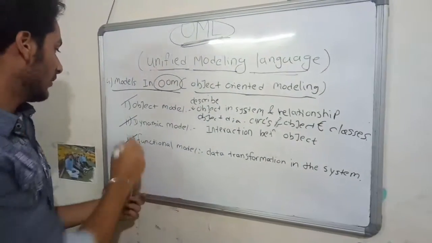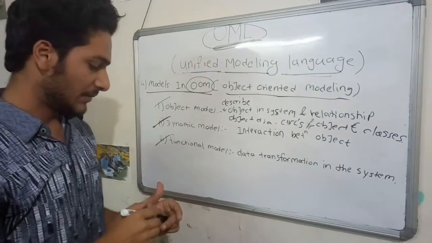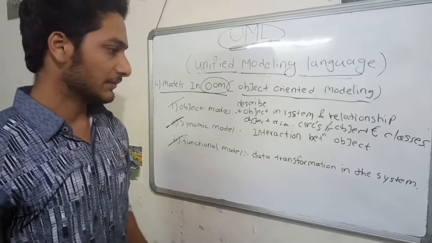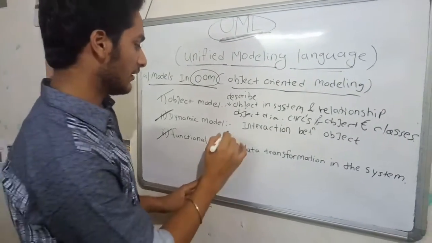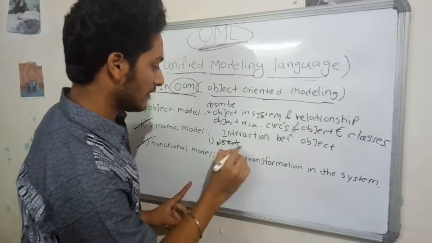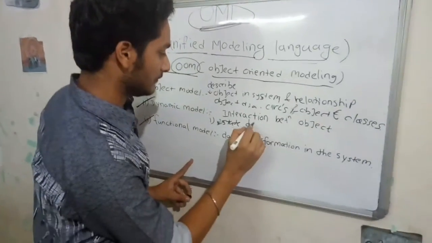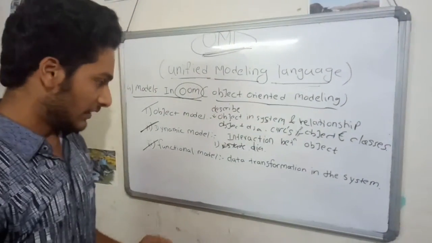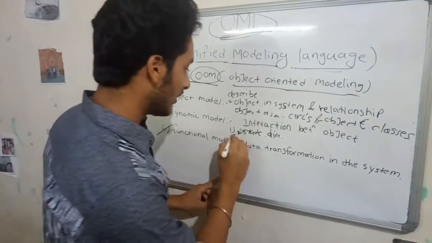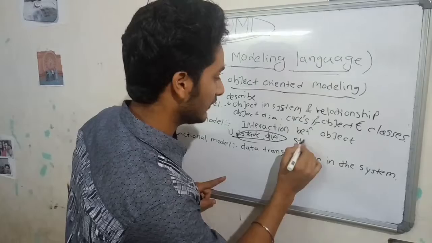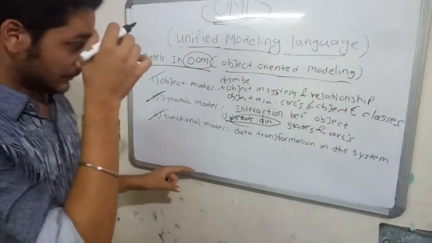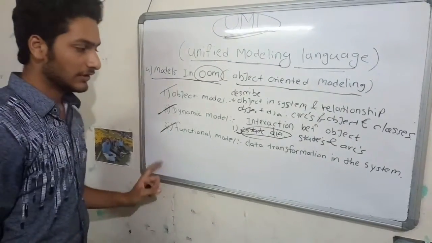The next model is the dynamic model. The dynamic model describes the interaction between the objects, and it consists of the state diagram. The state diagram is a graph whose nodes are states and whose arcs are transitions. The last model is the functional model.